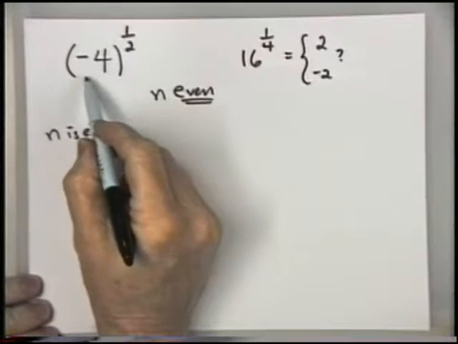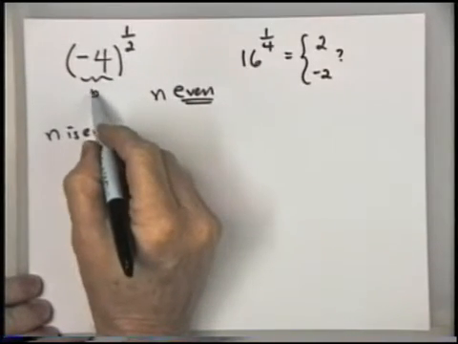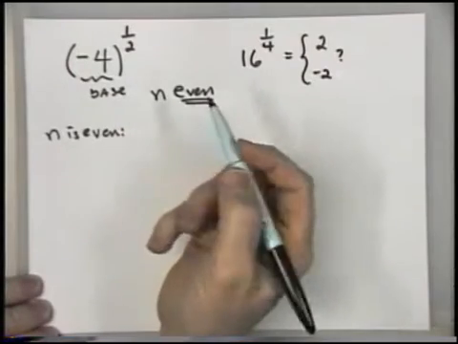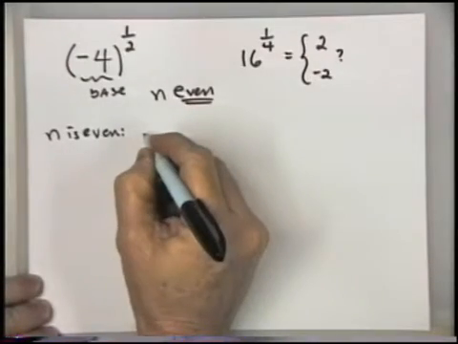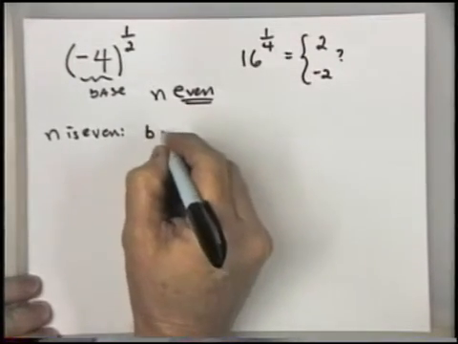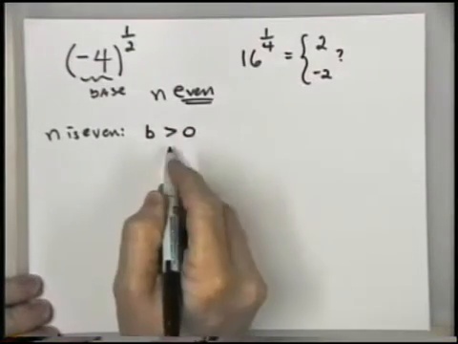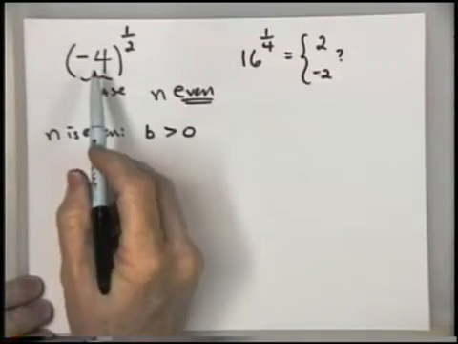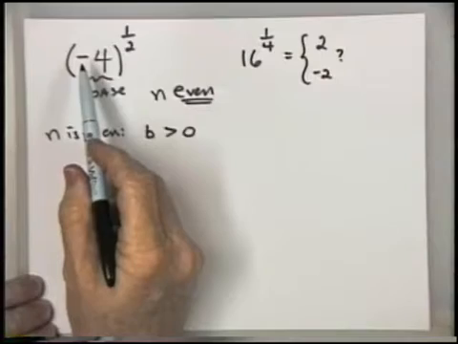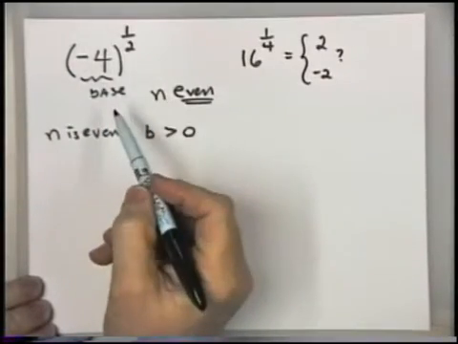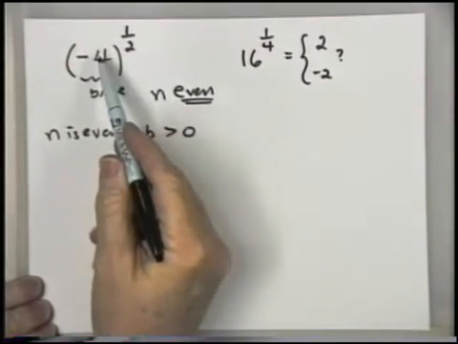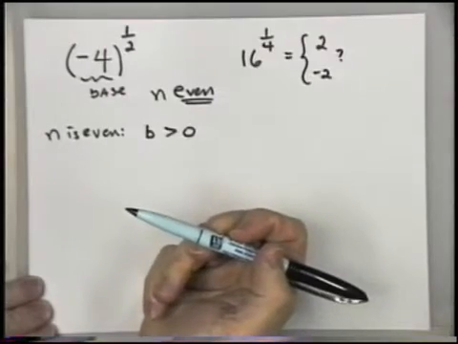When n is even, we don't want a base that's negative. So we must assume that b, our base, is bigger than 0. So we won't have this happen, because that won't be a real number if you have an even n and a negative base.